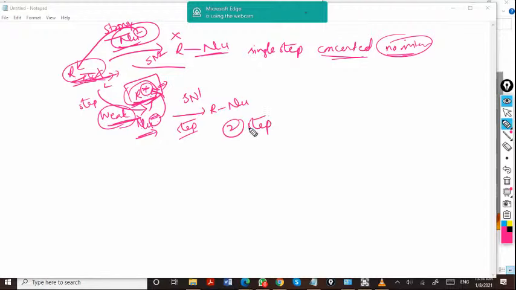So what is the main driving force for the SN1 and SN2 differentiation? The main driving force is reactivity. Only the reactivity of what?